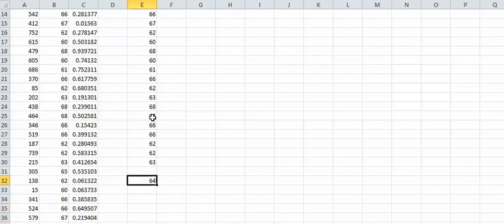This time the mean of the sample is actually exactly 64. If this was 64.2, then 64 is a little bit to the left. They're both a little bit above the population mean.